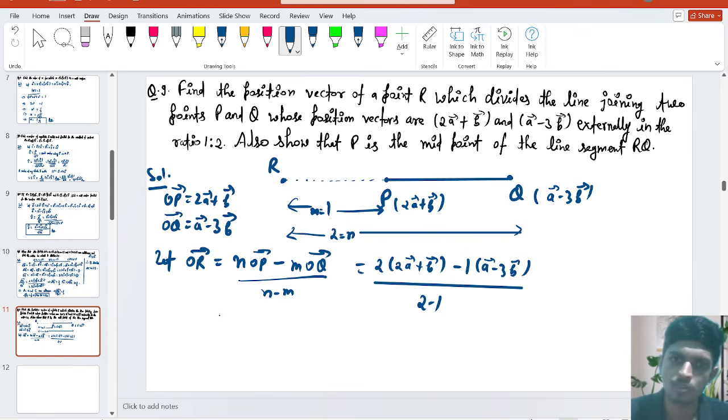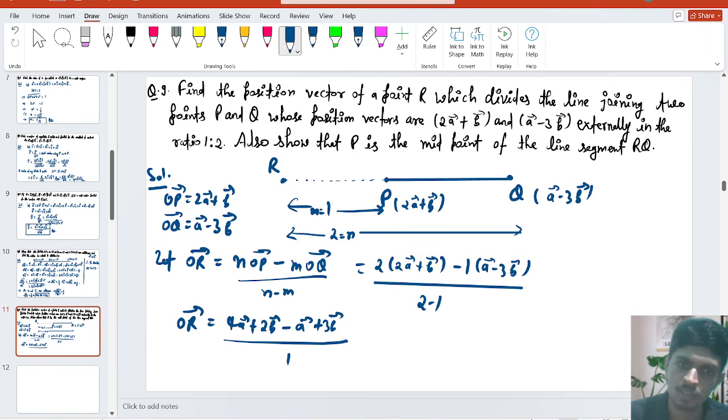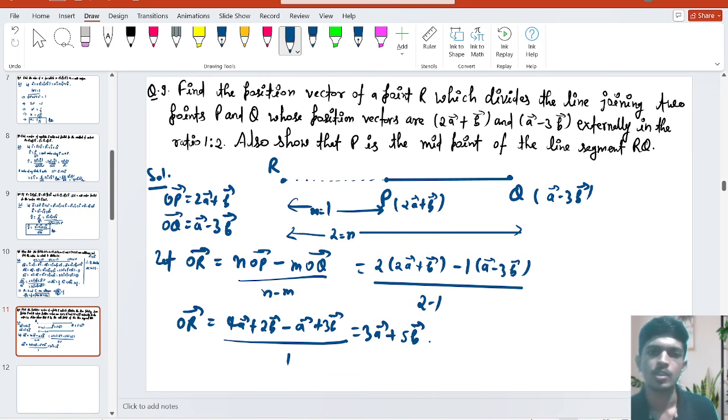So you get vector OR equals 4 vector A plus 2 vector B minus vector A plus 3 vector B, and 2 minus 1 becomes 1. Simplify it: 3 vector A and 5 vector B. This is vector OR. Okay, so this is our answer. I hope it is clear to you.